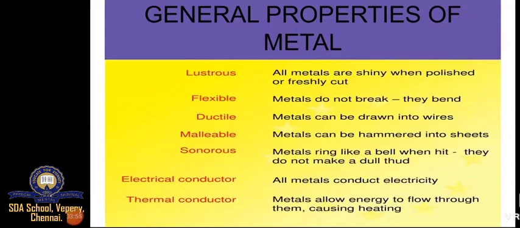Malleable means we can make metals into sheets. Then the fifth one is sonorous. When it hits a surface, it can make a sound. Then electrical conductor. All metals conduct electricity easily. The final one is thermal conductor. Thermal means it conducts heat easily.